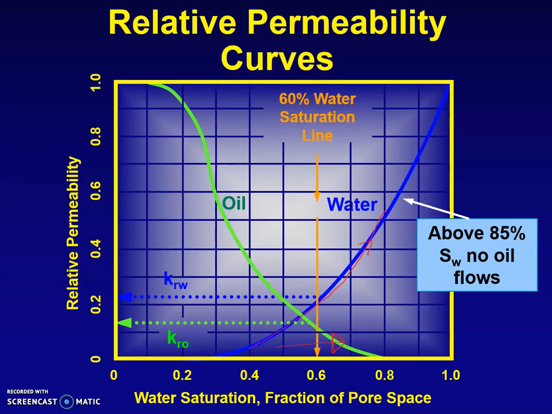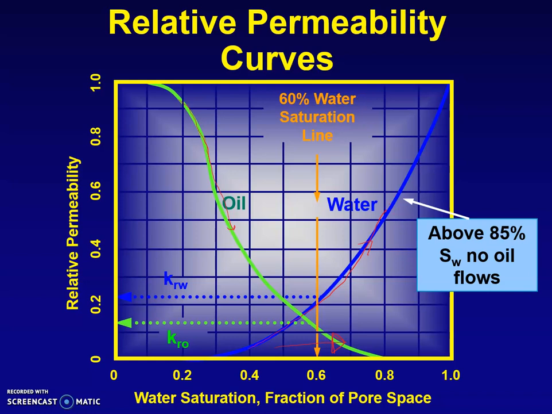So the higher the water saturation, the higher the relative permeability of the water. On the other hand, water saturation is the percentage fraction of pore space which is filled with water, right? Oil saturation is the fraction of rock that is filled with oil, right? So if you increase the water saturation, that means you are dropping the amount of oil.